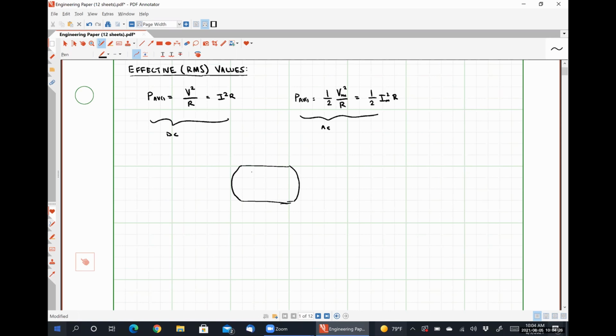The receptacle is going to look something like this. It's going to have a long prong, a shorter prong, and then typically a half circular shaped prong. This guy here is our ground prong.